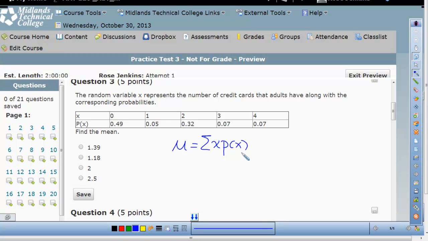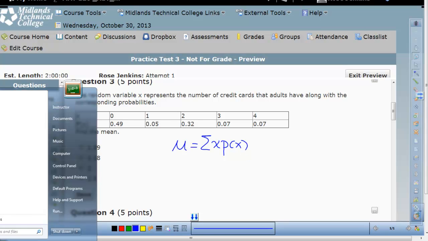This is for probability distribution in general. Okay, so we just have one. We don't know anything about it being binomial or normal or anything like that. So what we could do is actually go through and multiply each x by the corresponding p of x and add all of those up. Okay? Or, if you wanted to, we could use our calculator.